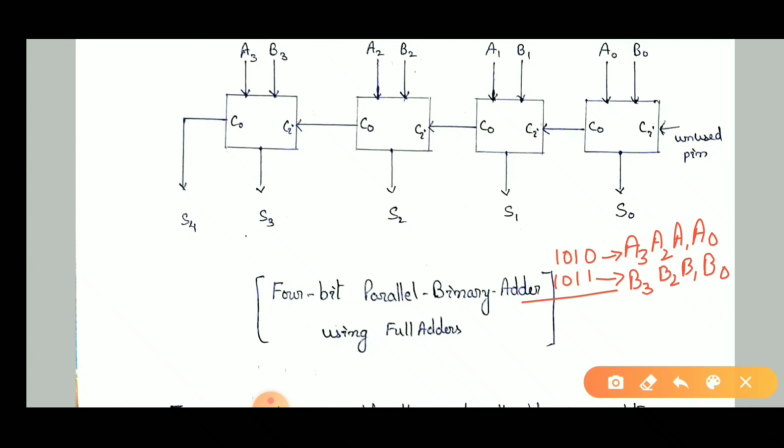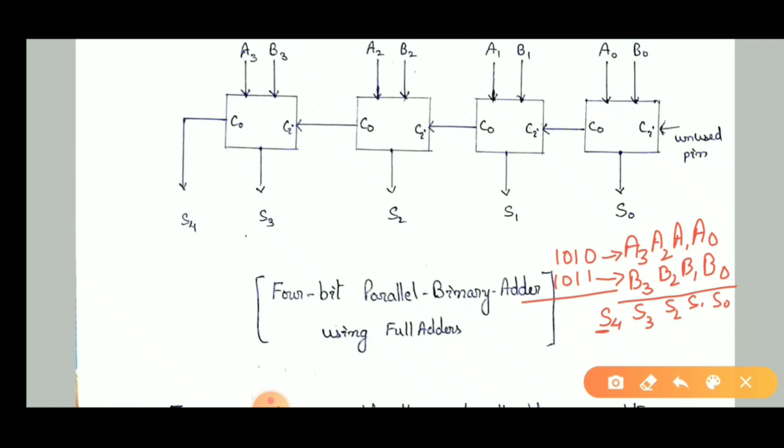After adding these two numbers, the sum becomes S0, S1, S2, S3. And S4 is also included because it is reserved for the carry bit. If there is a carry, S4 becomes 1, and if there is no carry, S4 becomes 0.